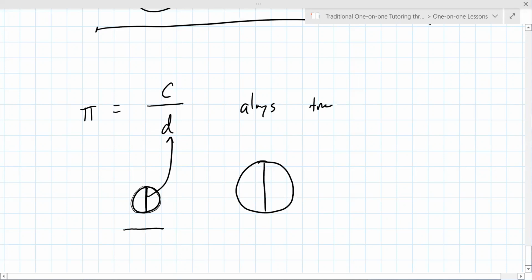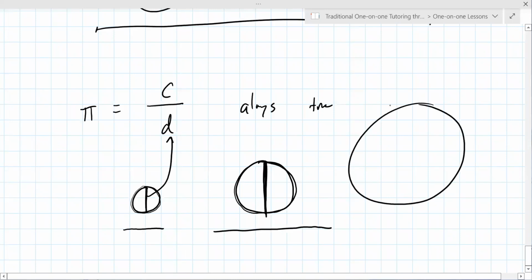Same thing: we can measure the diameter across and use a piece of string to go all the way around and lay it out. Then something bigger, like a dining room plate. Every time you do this, and this is what's so amazing, the ratio is always pi. It doesn't matter.